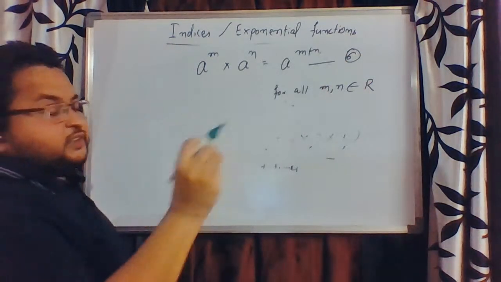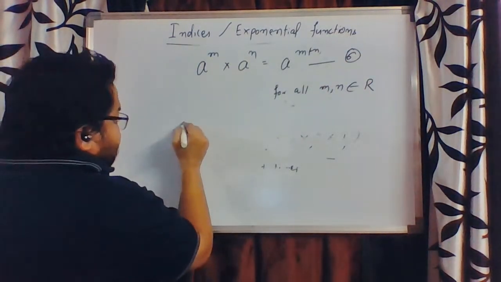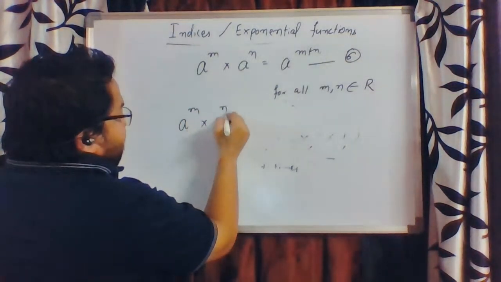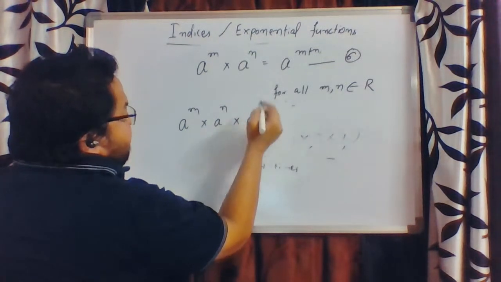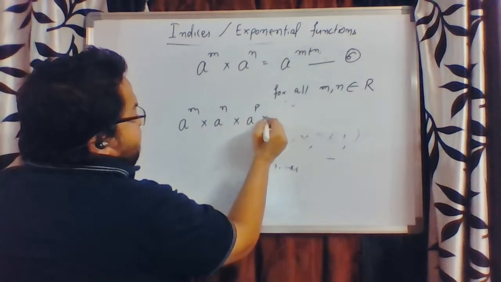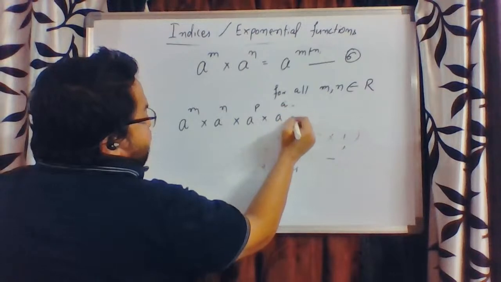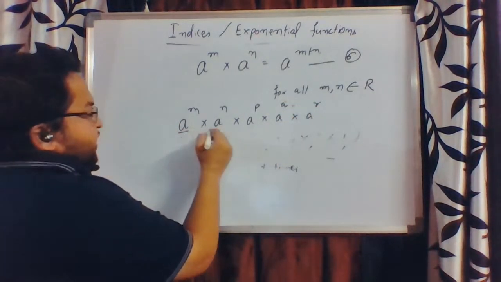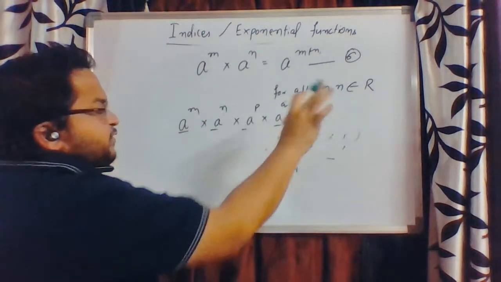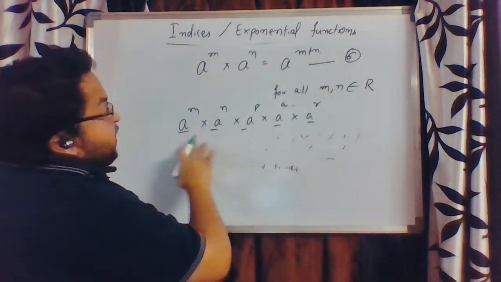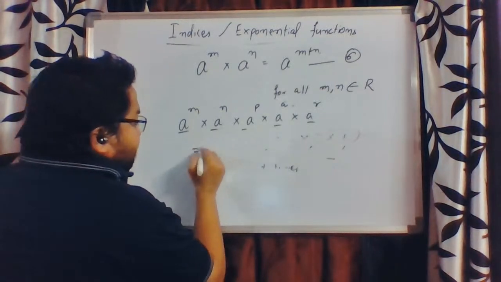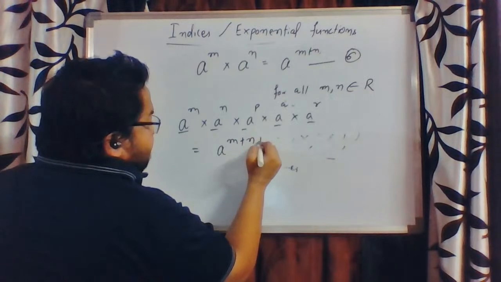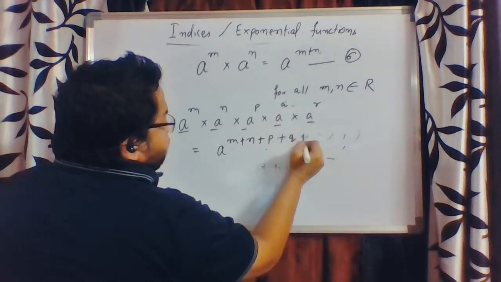And one more generalization that we should understand here is, if a to the power m is multiplied with a to the power n, multiplied with a to the power, say, p, multiplied with a to the power q, multiplied with a to the power r, okay? Same base raised to five different indices, and I'm multiplying them with each other. So obviously your answer would be a to the power m plus n plus p plus q plus r.